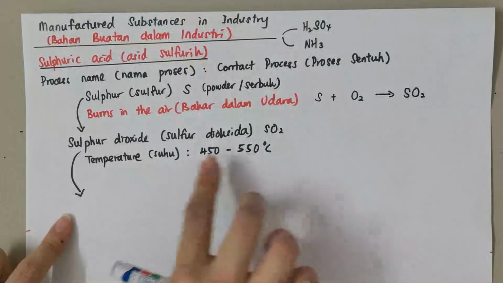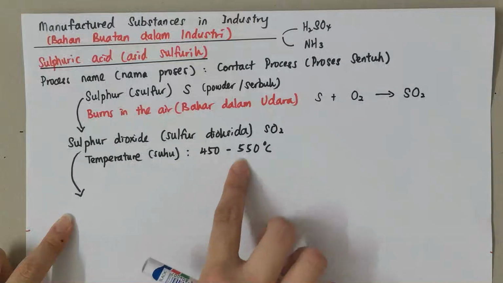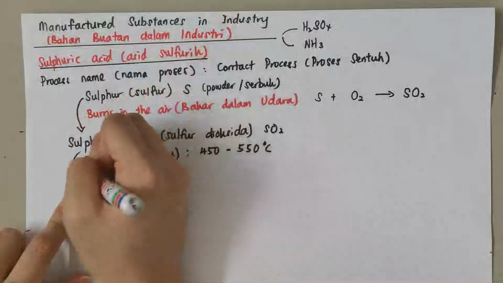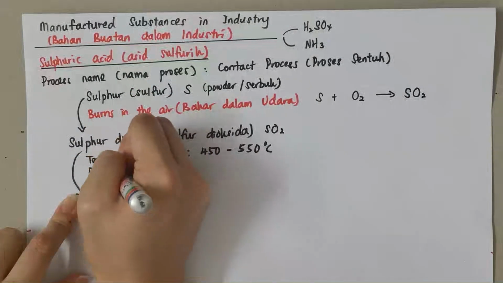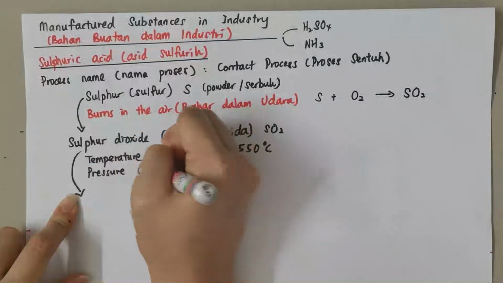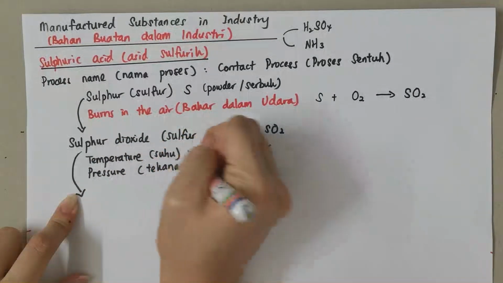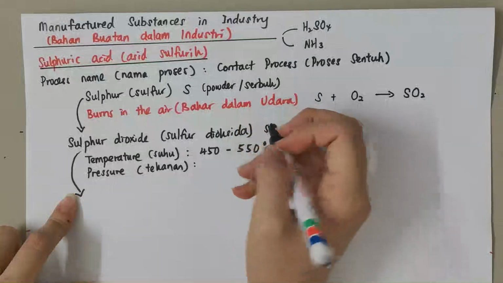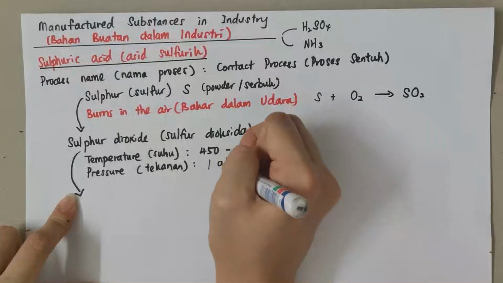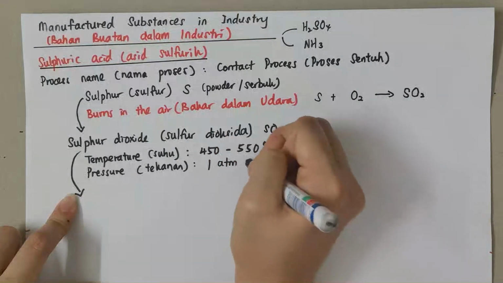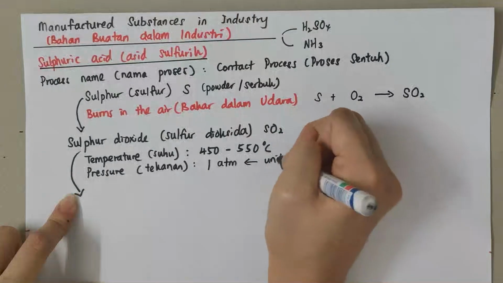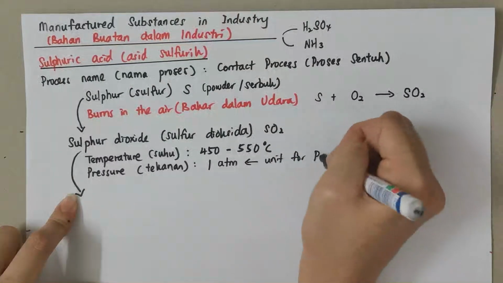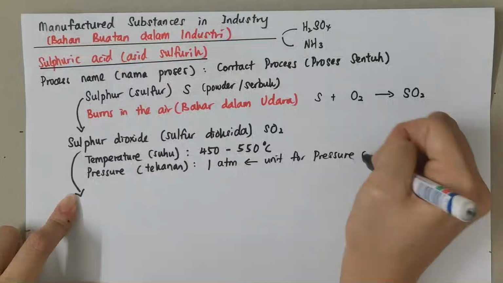And the pressure must also be special, tekanannya juga kenalah khusus. The pressure is 1 atm. Atm is the unit for pressure, dia adalah unit untuk tekanan.